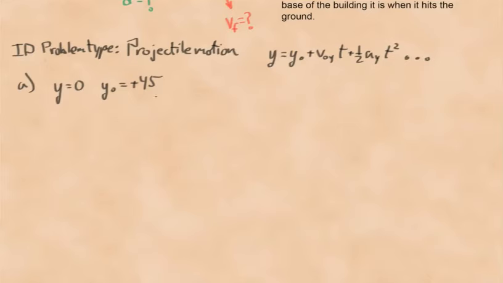My initial velocity looks like this, which I can break up into x and y components, where this angle is 30 degrees. V0x is the initial speed times the cosine of 30 because it's adjacent to the 30 degrees.